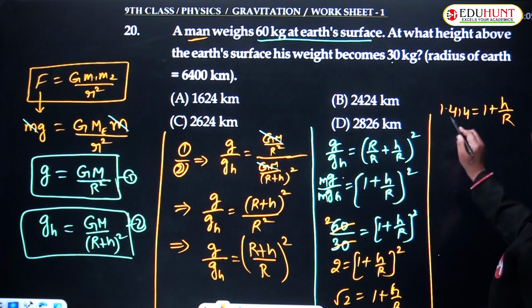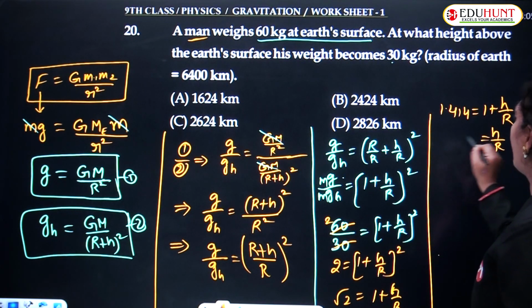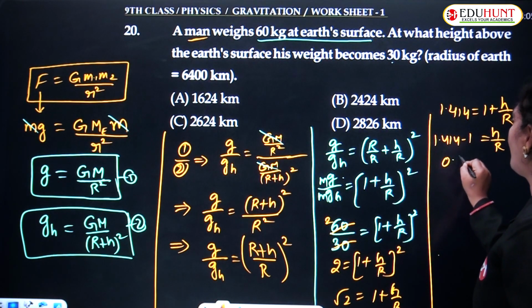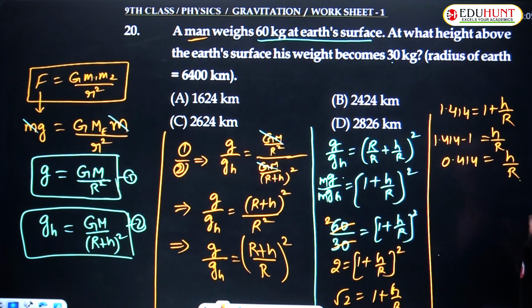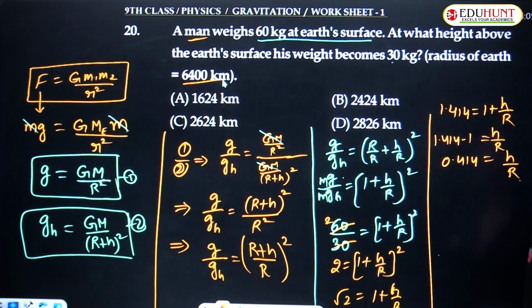Keeping h/R here, h/R equals 1.414 minus 1, or 0.414 equals h/R. So this implies the value of h is equal to... what is the value of R given, children? The radius of the earth is always 6,400 kilometers.